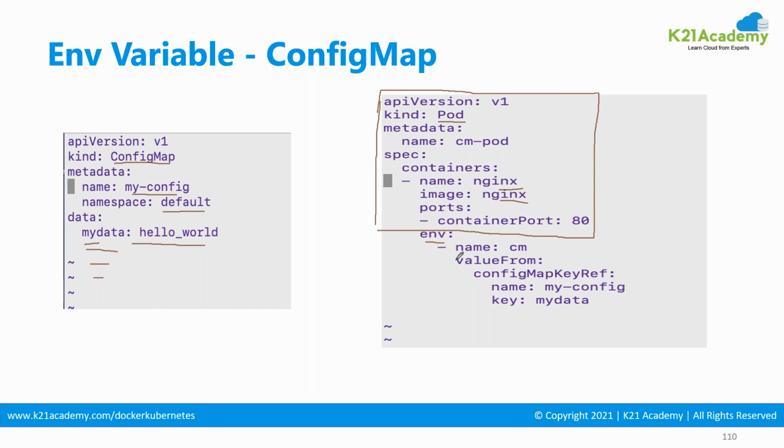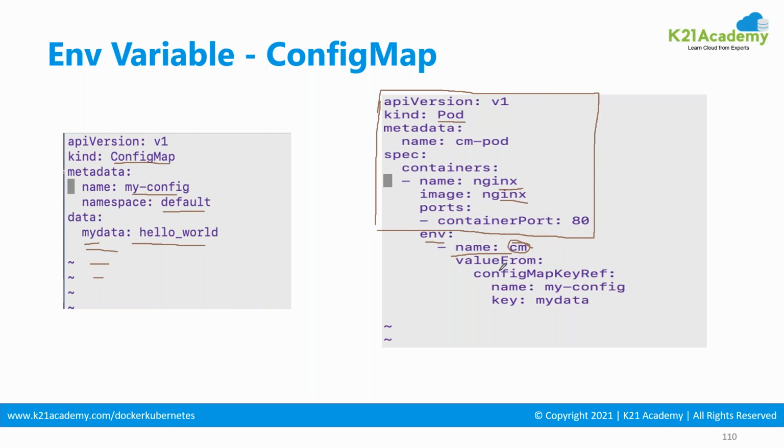So in this one, whatever name you want to give to this particular environment variable, it's fine. This becomes the key value, or the environmental parameter which will be used inside of the container. But it requires a value, and from where will you get the value for this particular CM variable?